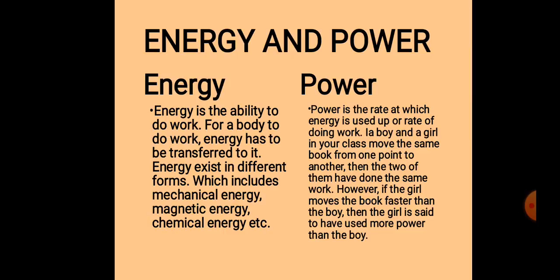However, if the girl moves the book faster than the boy, then the girl is said to have used more power than the boy. Like if the girl moves the book in 3 seconds and the boy moves the book in let's say 10 seconds, the girl has worked more than the boy, because the rate at which she does the work is more than the way the boy has done it.